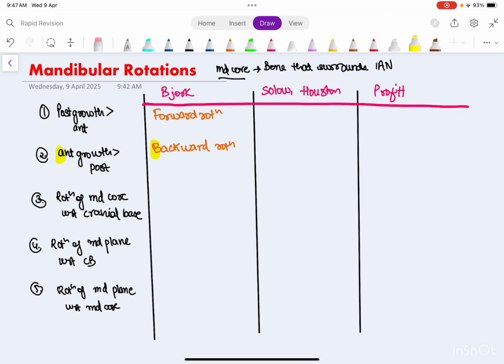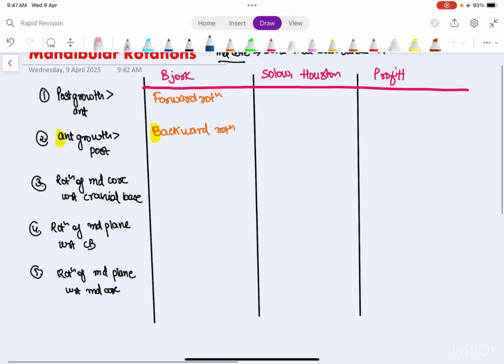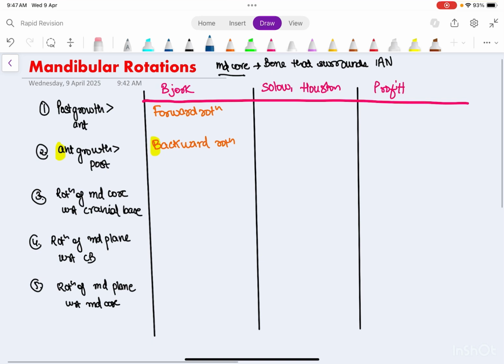Then let's talk about the ones that are confusing. First of all, it's very easy. You have mandibular core with respect to cranial base. What Bjork did was, he thought that mandibular core is the main thing, and I'm going to compare them all through this.